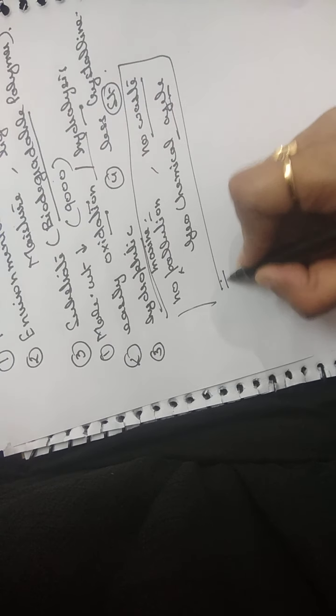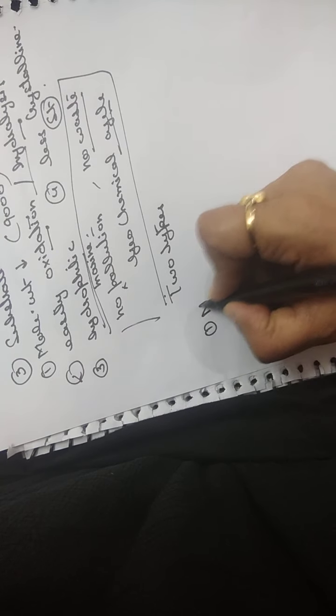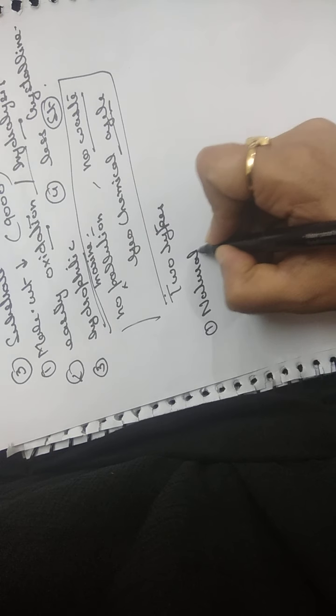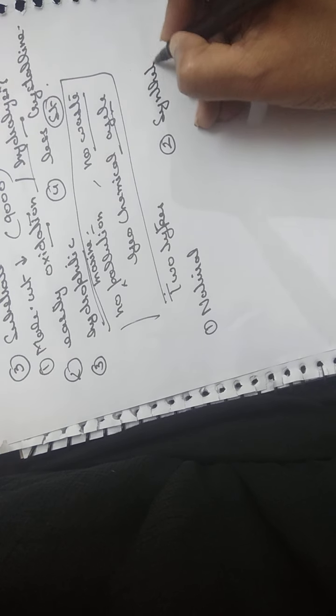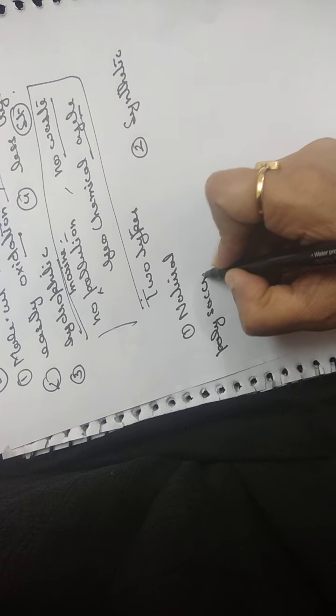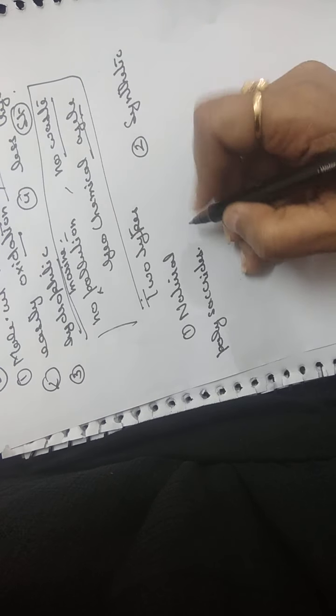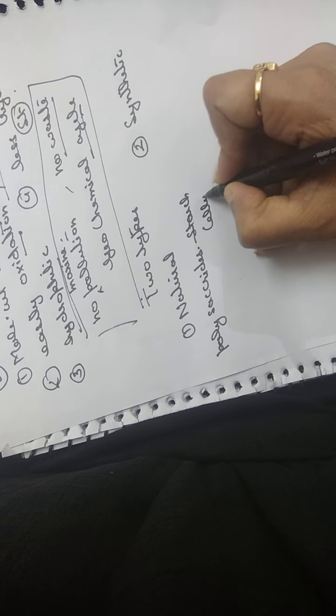Now biodegradable polymers are of two types. They are natural and they are synthetic. The examples of natural are polysaccharides, for example, starch and cellulose.